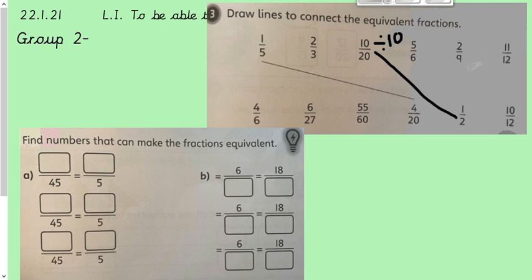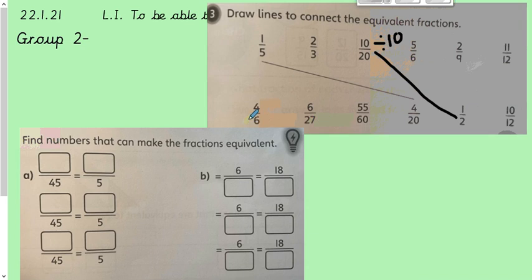Okay, I'll use another pen for the next one. I will go to this one next, 11/12. I need the number in the 12 times table for this one. So it could be 6, I guess, because half of 12 is 6. So I guess it doesn't need to be in the 12 times table. It just needs to be that 12 is in the same times table as another number.